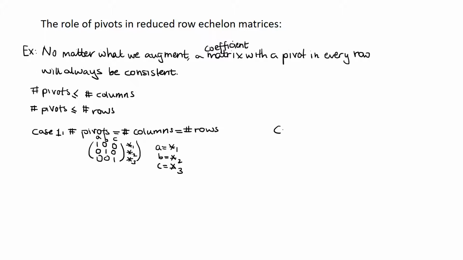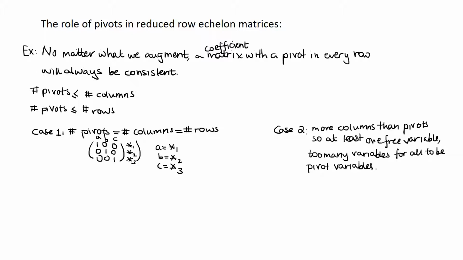What about case 2? In this case, we have more columns than pivots. So what this implies is that we have a free variable, at least one. Okay, so we have more columns than pivots, so at least one of our variables is a free variable, because not all of our variables can be pivot variables.